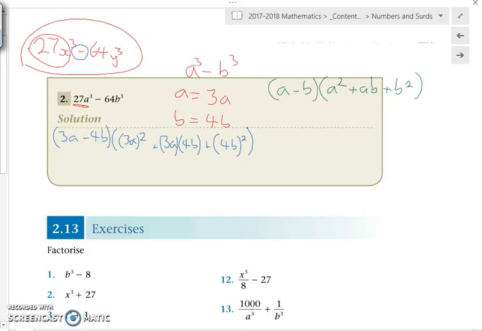Okay? So everything I've substituted in, apart from the left-hand bracket, which was just straight subbing in, everything I've substituted in the right-hand one is in brackets. Cool? 3a minus 4b. 3a squared, or 3a all squared is 9a squared plus 12ab plus 16b squared.